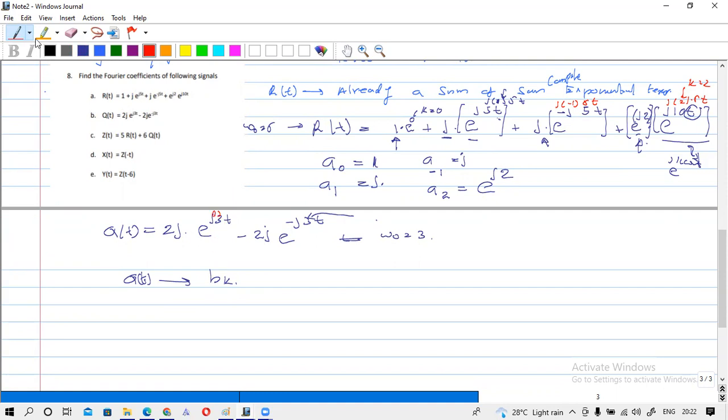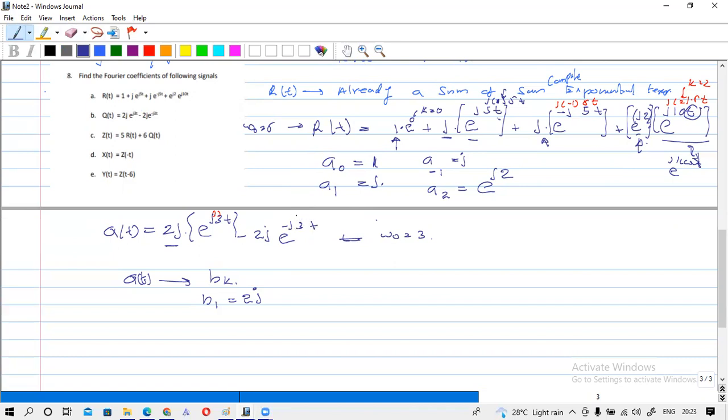So that is b1. This is the exponential term, and this will be the coefficient. So b1 will be 2j. If you consider this one, it is e to the minus j 3t, where 3 is the omega naught.